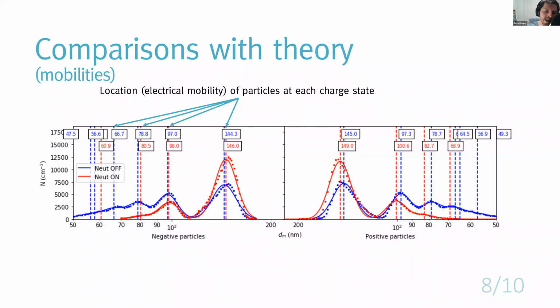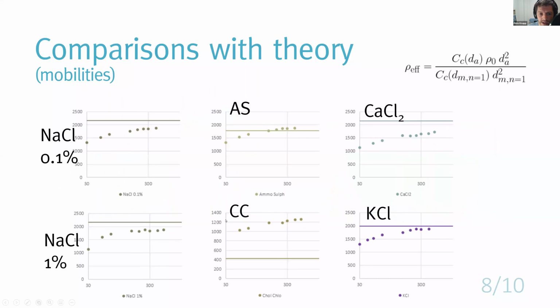Another thing to look at is where the peaks are, rather than the area under the peaks, and that's useful in working out the effective density as well. The effective density is worked out by looking at the mobility diameter, the position of that first peak, and that's what I worked out here. And as the particles get bigger, the effective density gets closer to the line, which is the bulk density, which makes a lot of sense, except for this choline chloride.